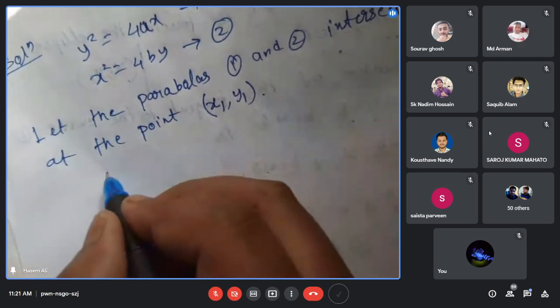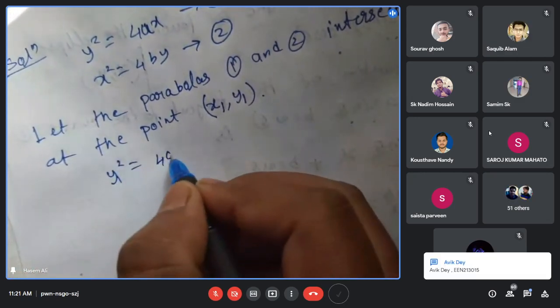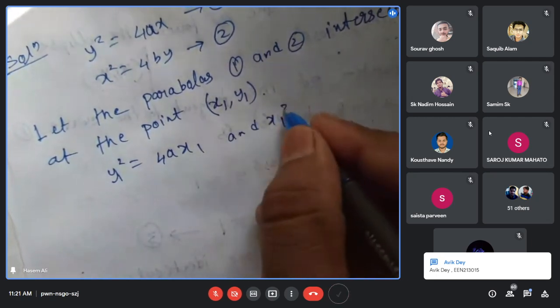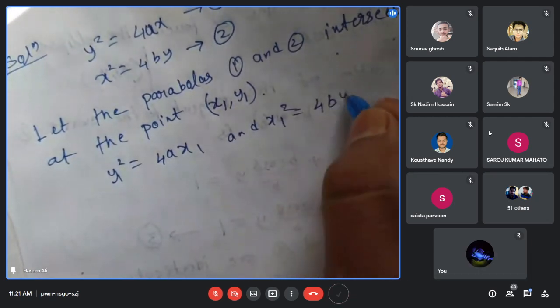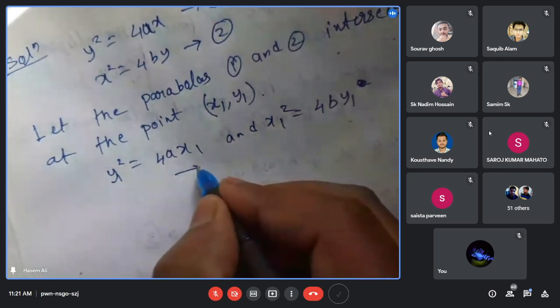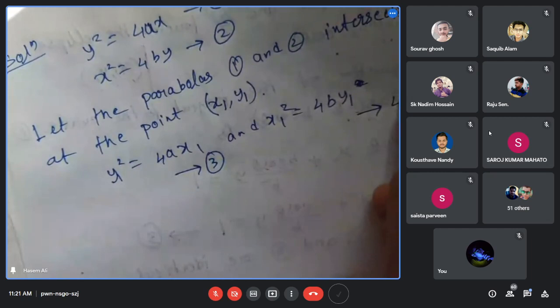That means we have y1 square equals to 4ax1 and x1 square equals to 4by1. So this is our equation 3 and this is our equation 4.